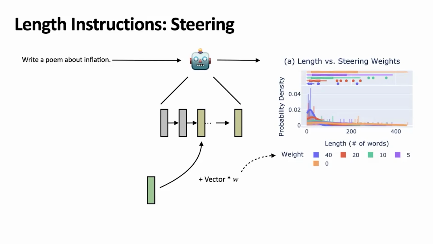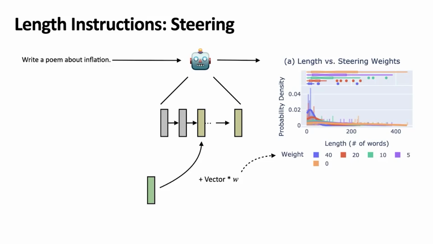There is a lot of variance in the length of the output. Depending on the query, the model can be very verbose or concise. But when we increase this weight, a scalar that we multiply our steering vector with, the distribution of the output length gets more and more squeezed towards low values.